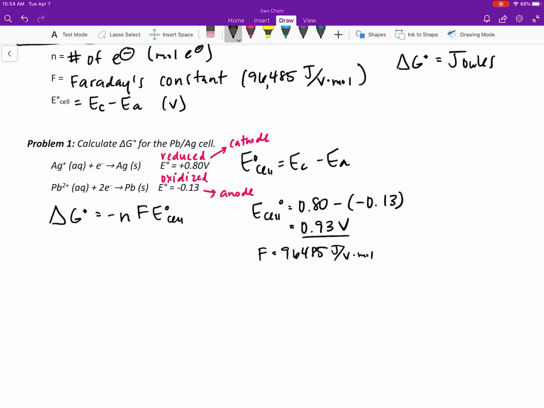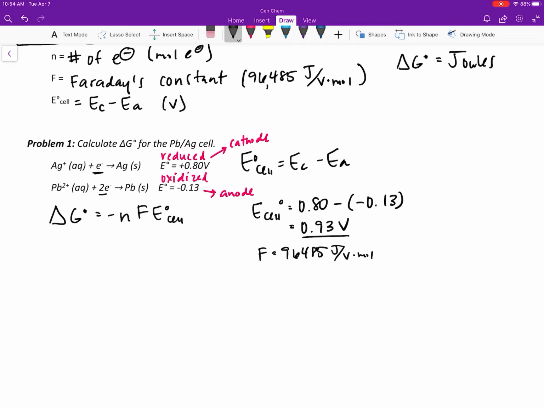So we know that if silver is gaining 1 electron because it's reduced and lead is giving up 2 electrons, well, those 2 electrons have to go somewhere. We're not just gaining 1 electron in the silver and then the second electron is floating out in space. If 2 electrons are lost by the lead, then 2 electrons are gained by the silver.